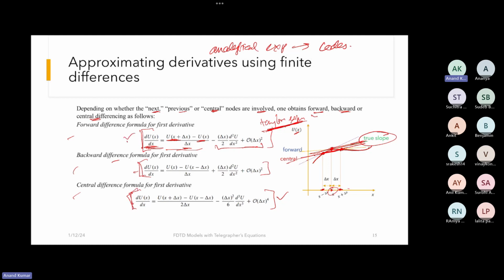To get a better idea, try to write this down and absorb it. Once you start coding, this will come naturally to you, especially the central difference formula, which we will be using for our codes.